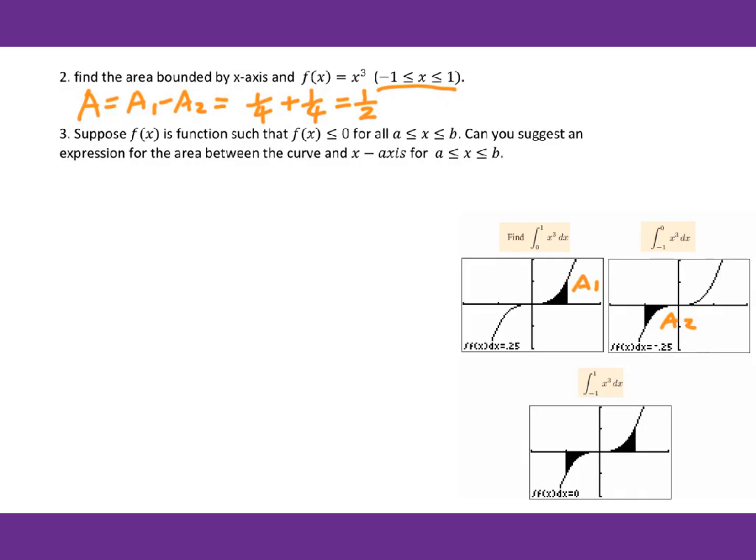Suppose f of x is a function such that f of x is less than or equal to 0 for all x between a and b. Can you suggest an expression for the area between the curve and x-axis for x between a and b?